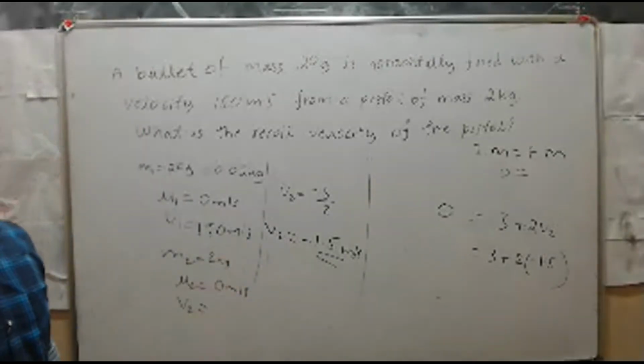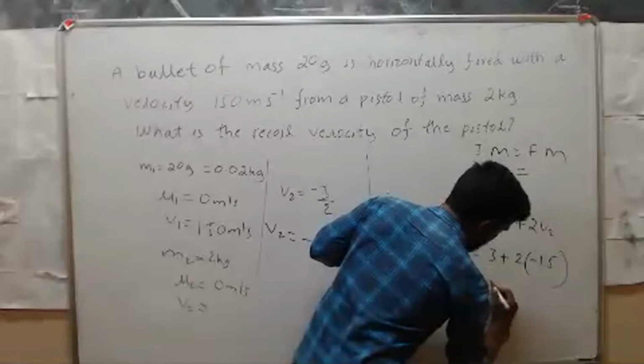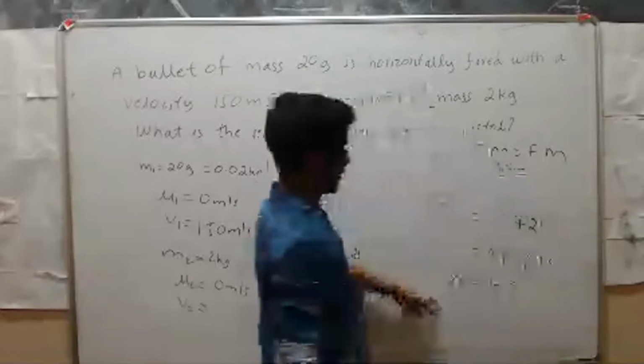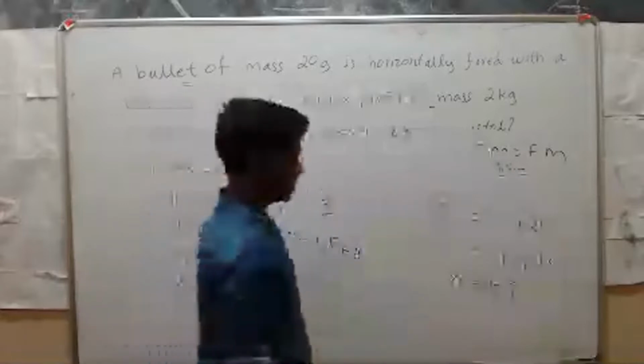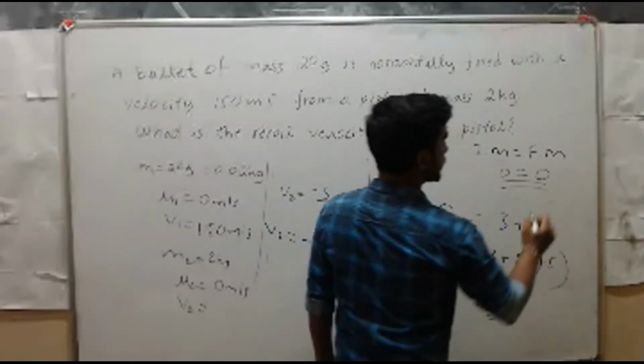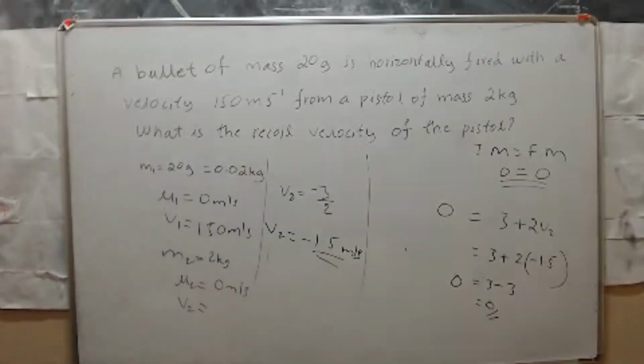When you multiply 2 into minus 1.5, you get minus 3, so 3 minus 3, that is 0. So the final momentum is 0, and both are equal, 0 equal to 0. Clear?